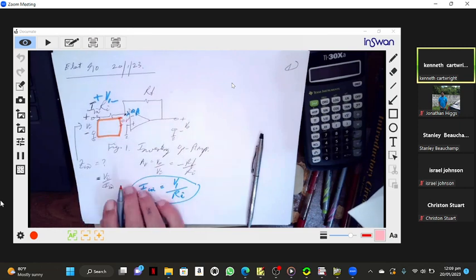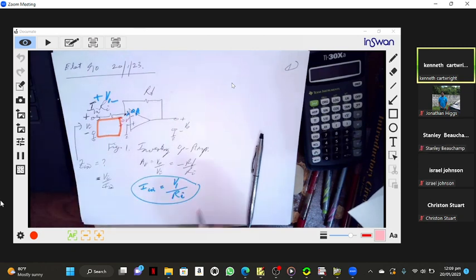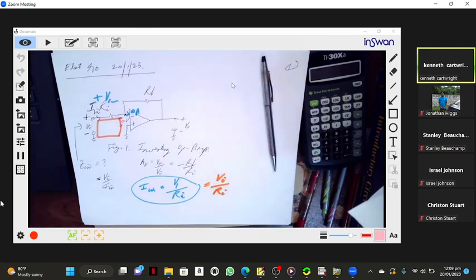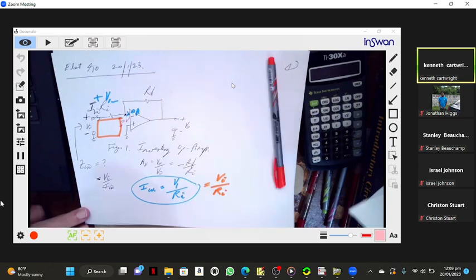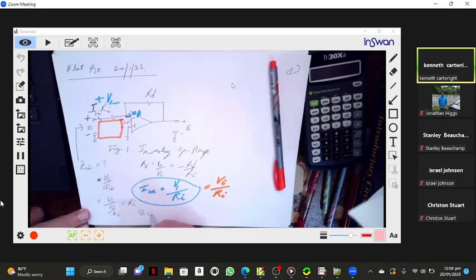Okay? So Zin is Vin divided by Iin, but indeed, Zin is RI. When we look this way, all we see is this resistor because this point looks like it's connected to ground.